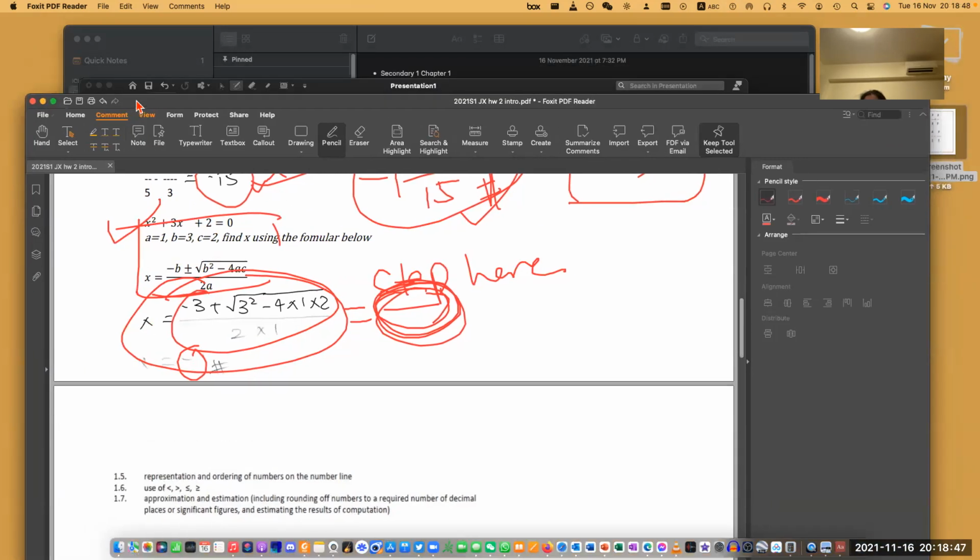Next time, just use a dark blue, or one more thing. In fact, you use your Apple Pencil. I think you can choose the thickness. So over here, can you see over here? You can actually choose, this is thicker, and this is thicker, and then this is the skinny one. So if you find that yours is not so clear, then of course you can use the thicker one.